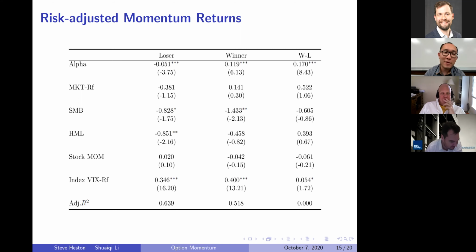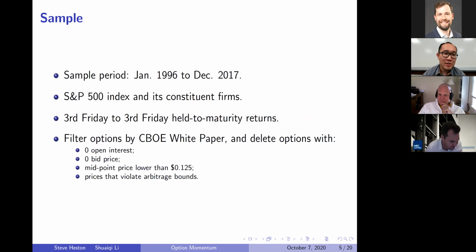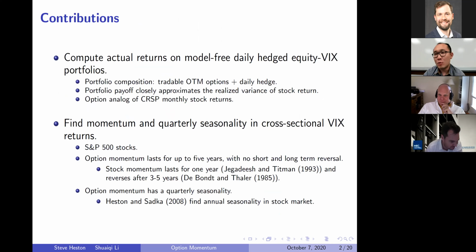I see. As to whether this is an anomaly, how do you think about stock market seasonality? We know there is a 12 months annual seasonality in the stock market, right? Previously people would view it as an anomaly, but of course there are some risk-based explanations. Maybe the risk premium also has a periodicity.